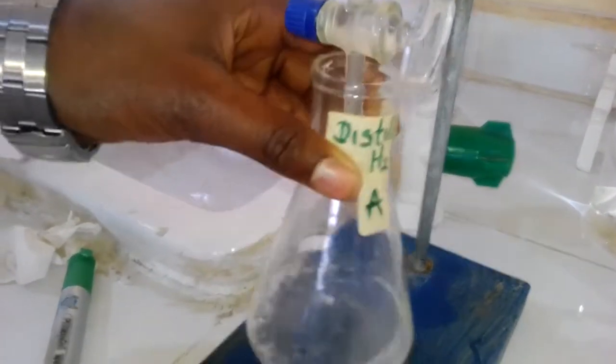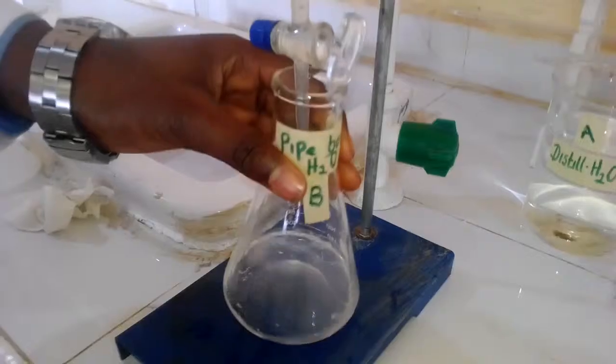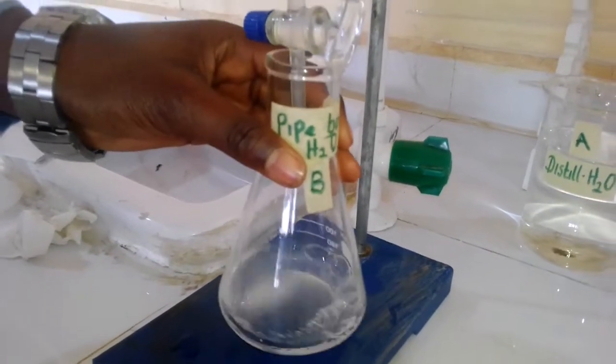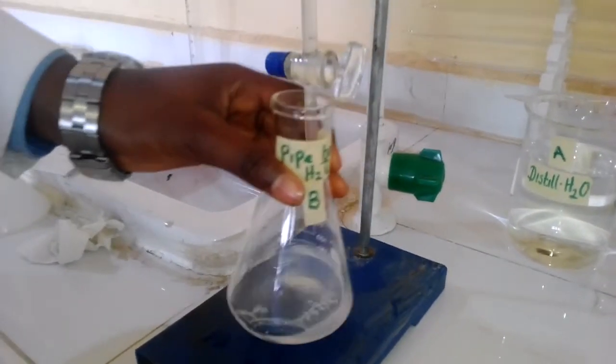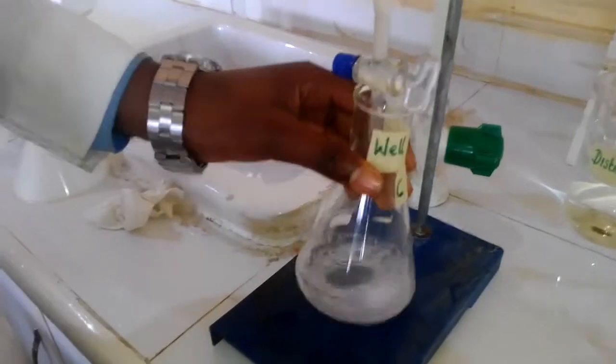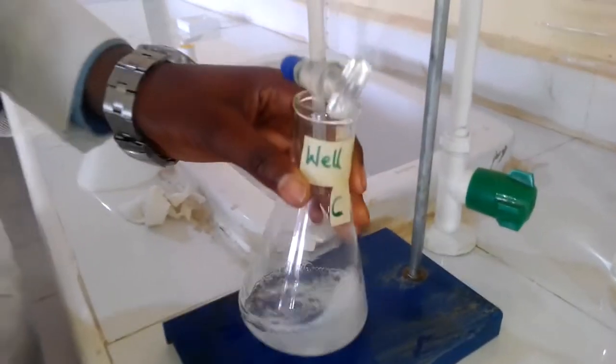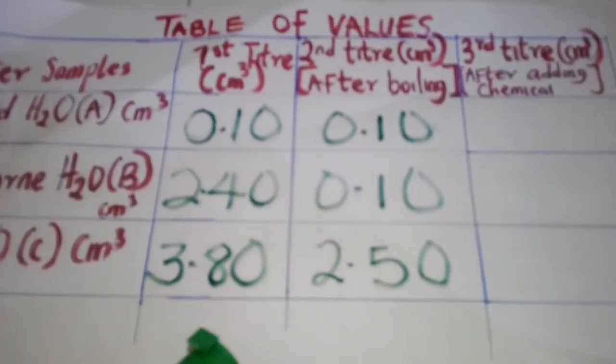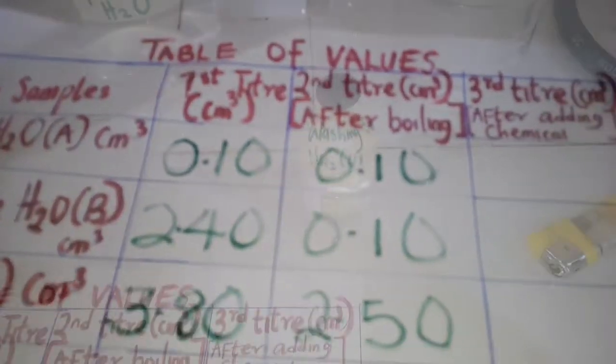Again, the distilled water only used 0.1 ml of the soap solution to form lather. Also, the pipe-borne water used 0.1 ml of the soap solution to form lather, while the well water used 2.5 ml of the soap solution to form lather. Here, our values have been entered in the table of values.